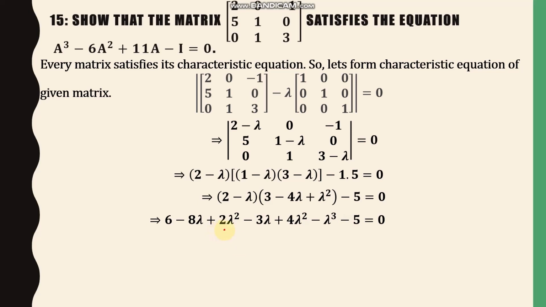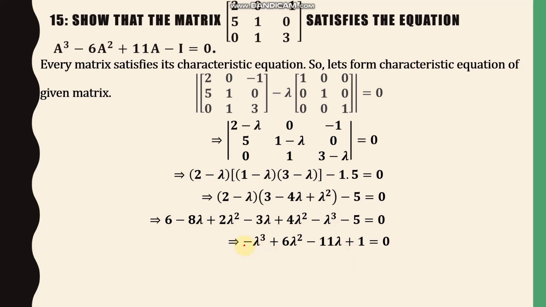Simplify it: it becomes minus lambda cube plus 6 lambda square, since 2 lambda square and 4 lambda square give 6 lambda square. Then the coefficient of lambda, minus 8 minus 3, gives minus 11 lambda, and the constant term 6 minus 5 gives 1, equal to 0.